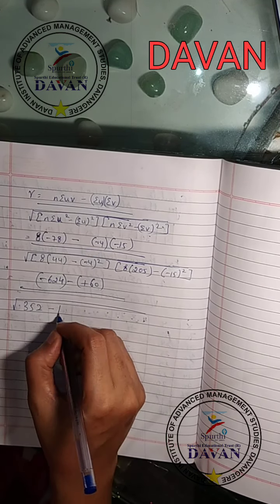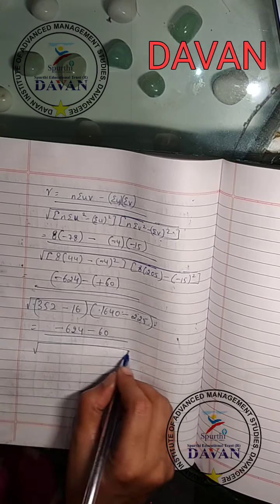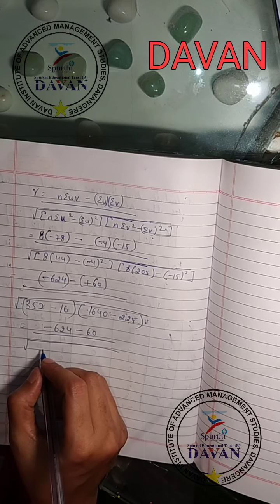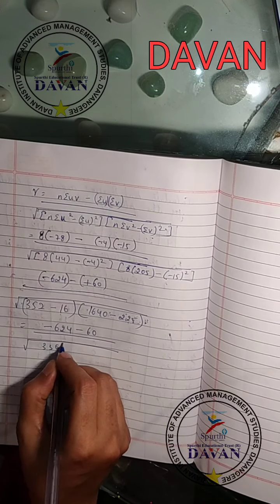So this becomes minus 564, plus into minus is minus 60, whole divided by square root of 336 into 1415. When you simplify you get minus 684 divided by square root of 475440.